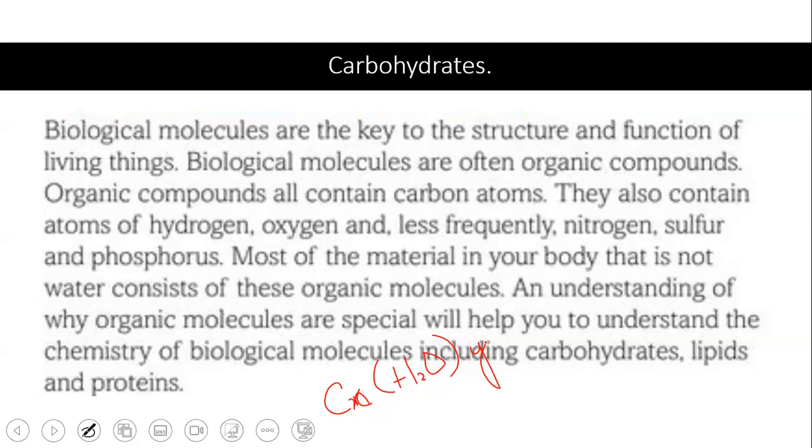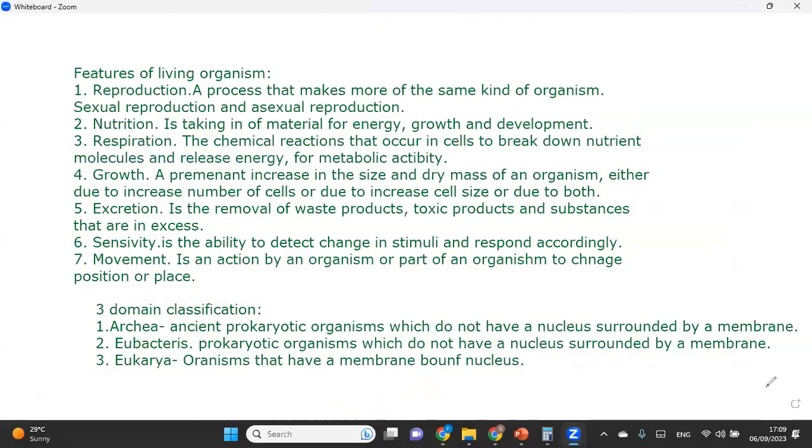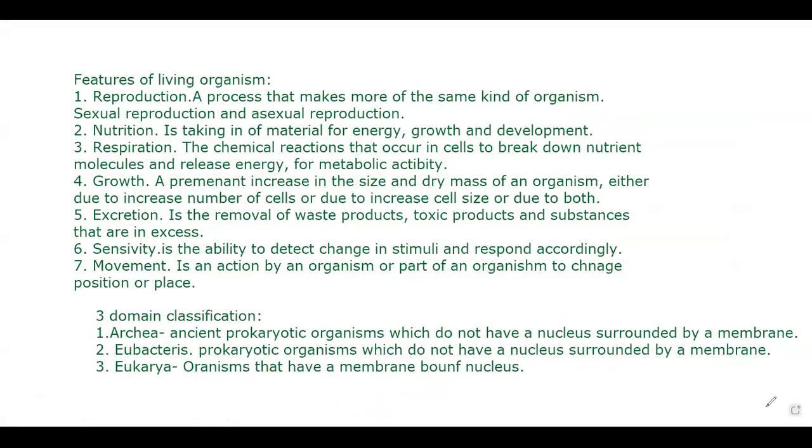Now, when we talk about our carbohydrates, we can classify carbohydrates into three groups. We can classify them as monosaccharides, disaccharides, and polysaccharides, right? So I can have my carbohydrates and further classify them as monosaccharides.